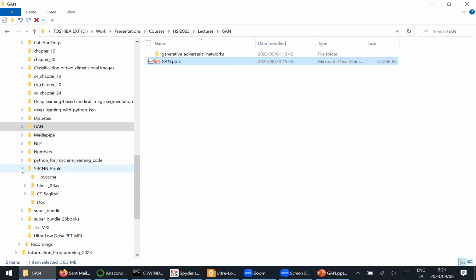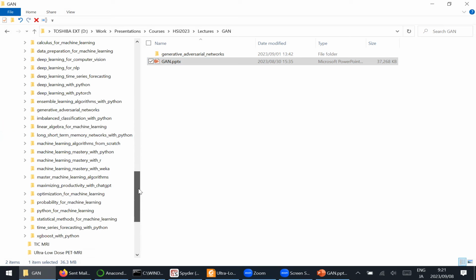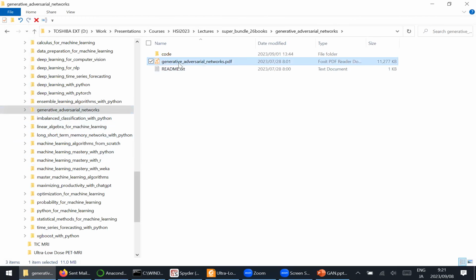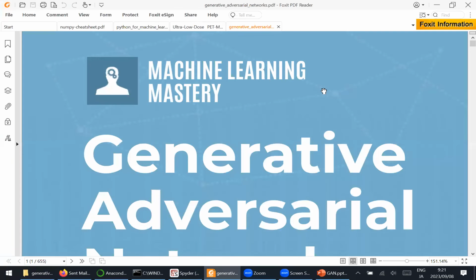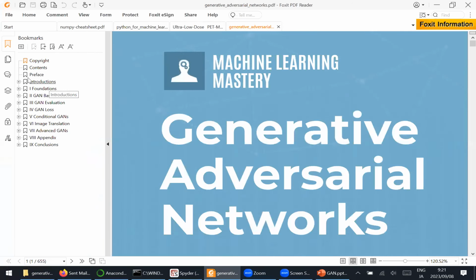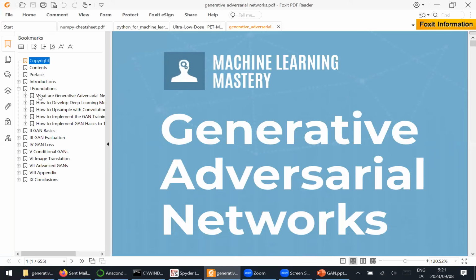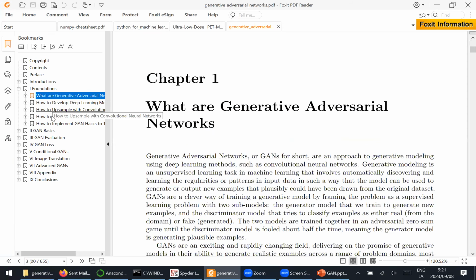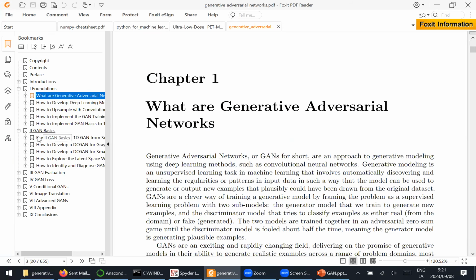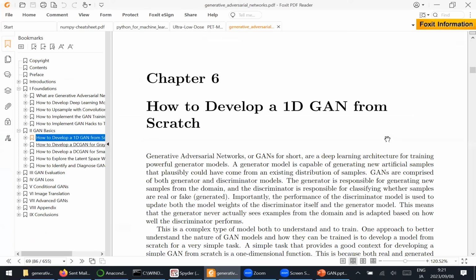Basically what I'm doing here is, your list of books here, Generative Adversarial Networks. I got all this from here. Starting in chapter 6, that's what we're doing here.